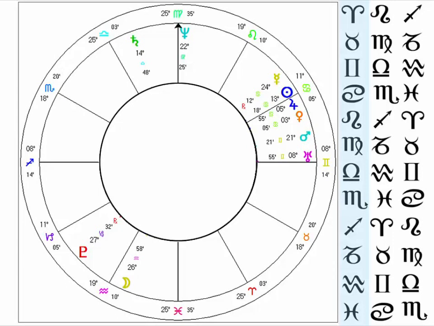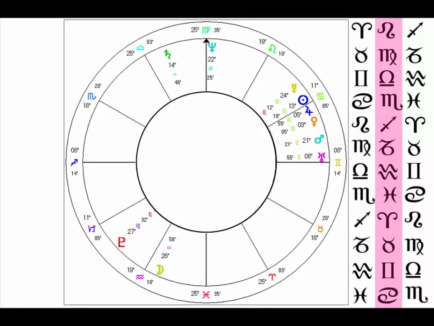On the right side, I have listed all the signs in order. The blue column, Aries through Pisces, which also represents the first decade of each sign. Remember, the first 10 degrees of each sign correspond to the entire sign. In the next column, it shows the second decade. For instance, the second decade of Taurus would be Virgo, of Libra would be Aquarius, of Capricorn would be Taurus, and so on.